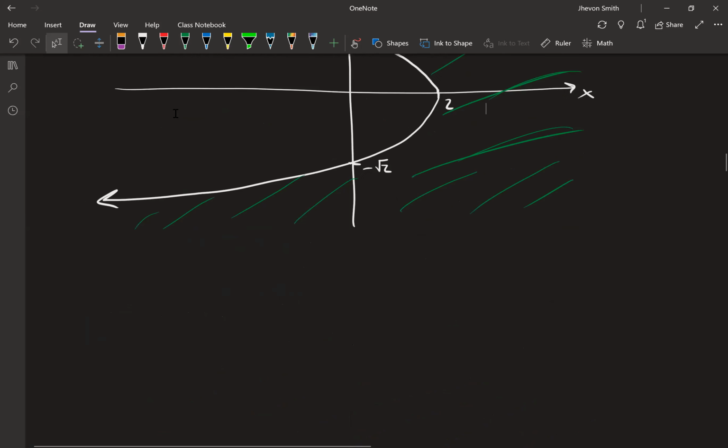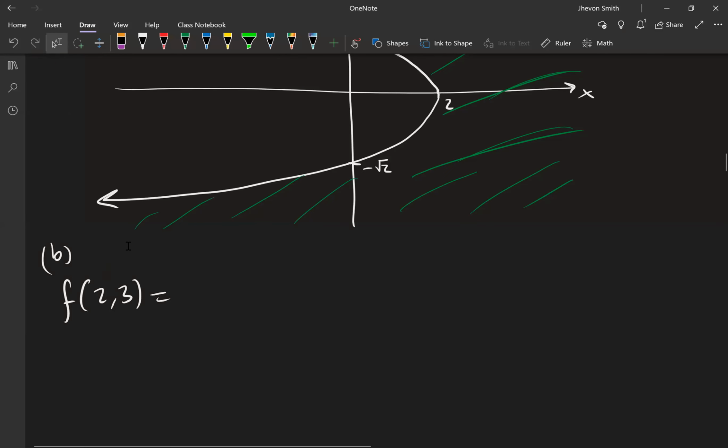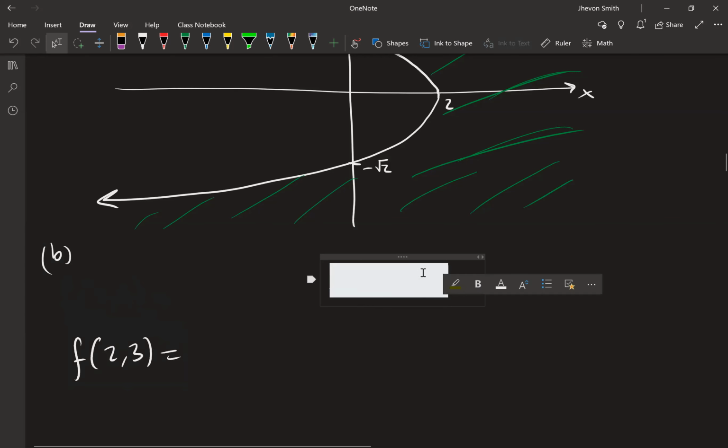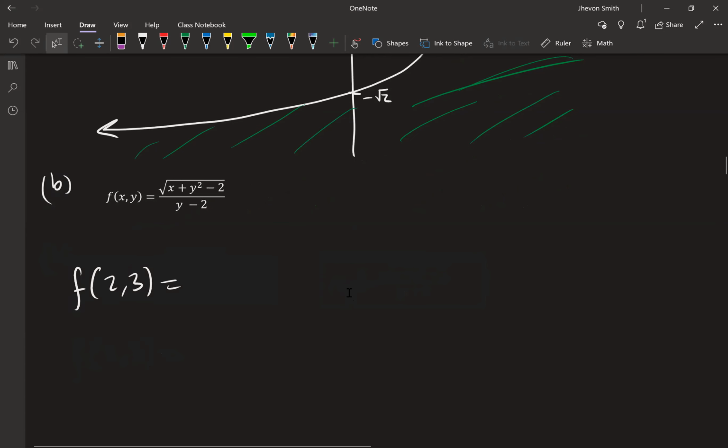What is f of 2 comma 3? And this is kind of how you think. You're just going to take the function, and everywhere you see x, you plug in a 2.